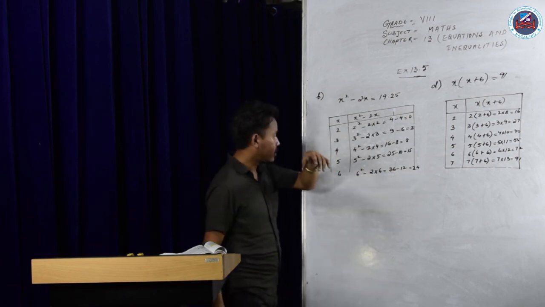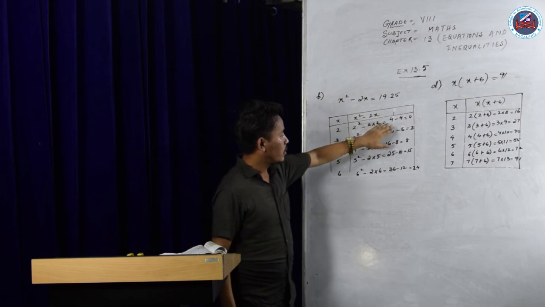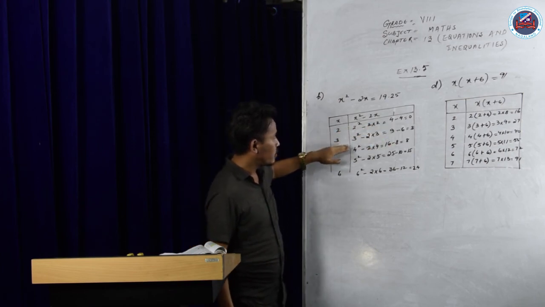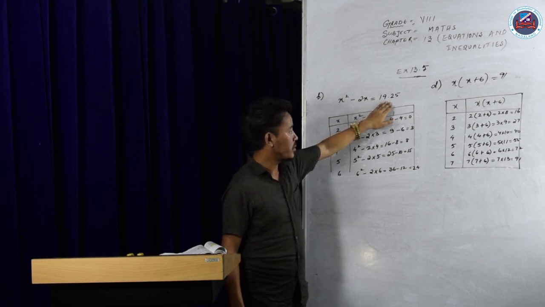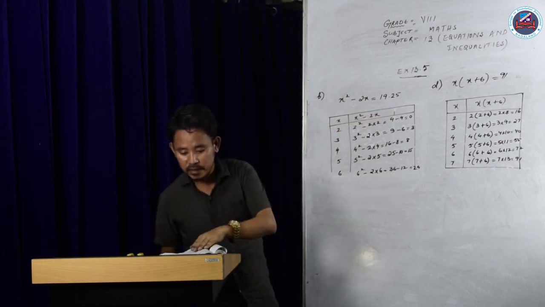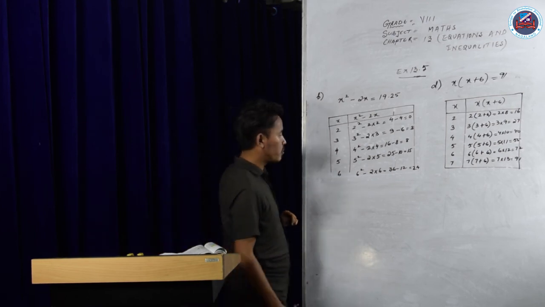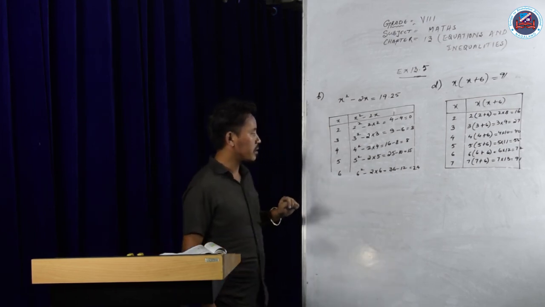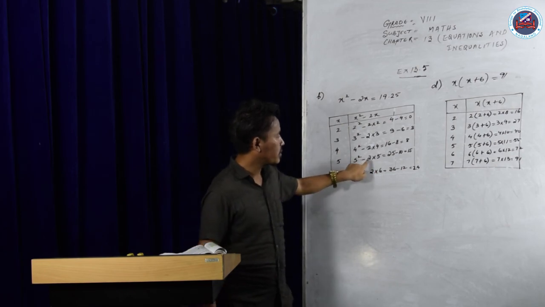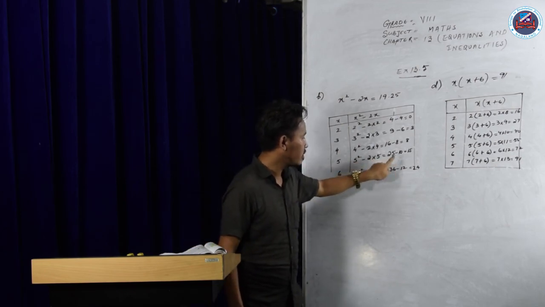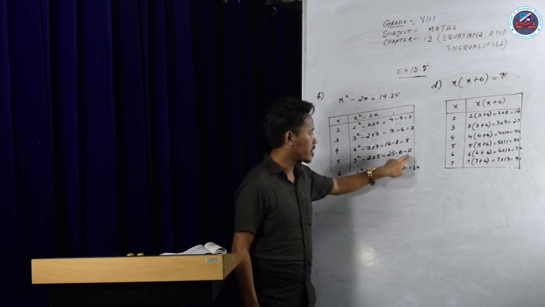Right. So if you can see here, on putting the values, we don't find 19.25. We are asked to find the exact positive solution by the trial and error method. When you observe here, 5 squared minus 2 into 5 is 25 minus 10, that is 15.